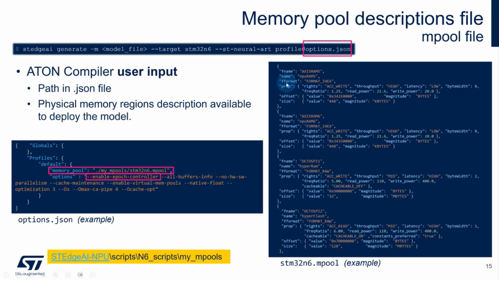So you will provide it, and the compiler will be able to use the XSPI SRAM, which has a high throughput and low latency, as well as the Octo XSPI external RAM with a mid throughput and high latency. So the tool will automatically find the best combination of these memories to store and to prepare the output memory file for a given neural network.